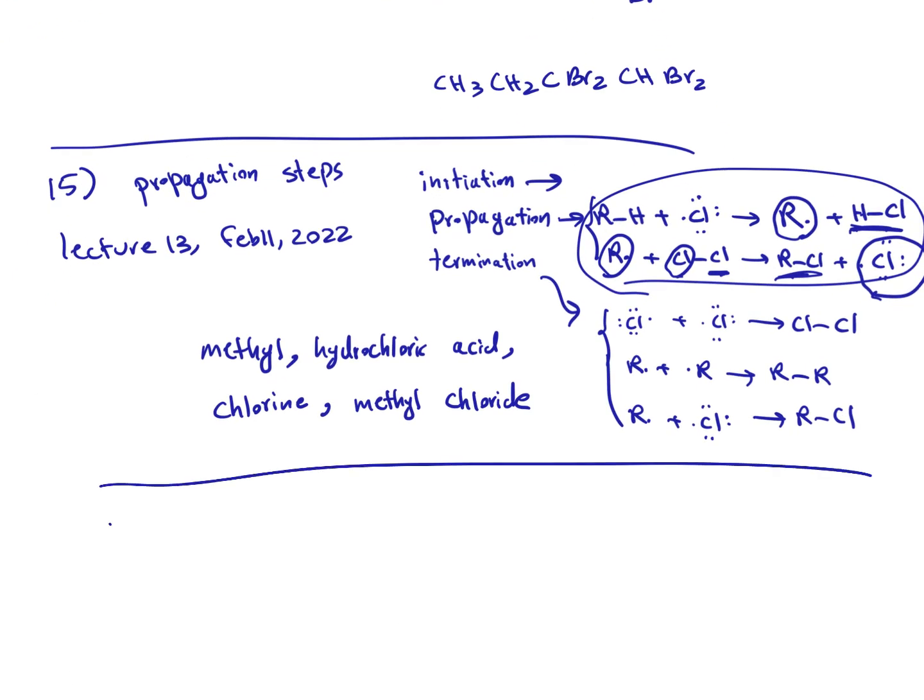Now question 16. How many monobromo products can be obtained from the bromination of cyclopentane?